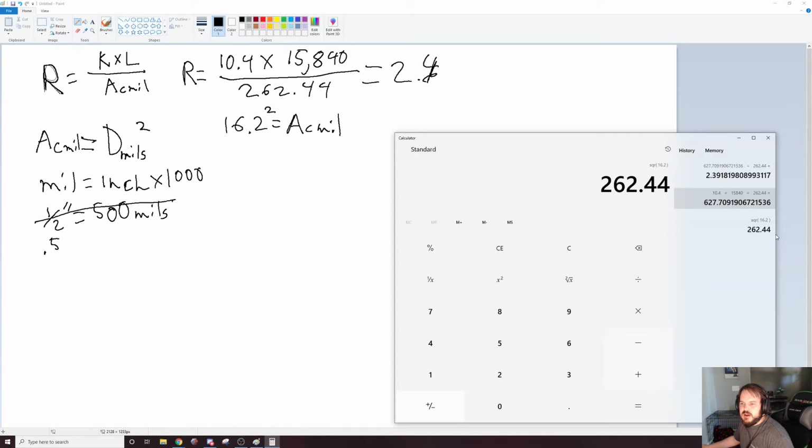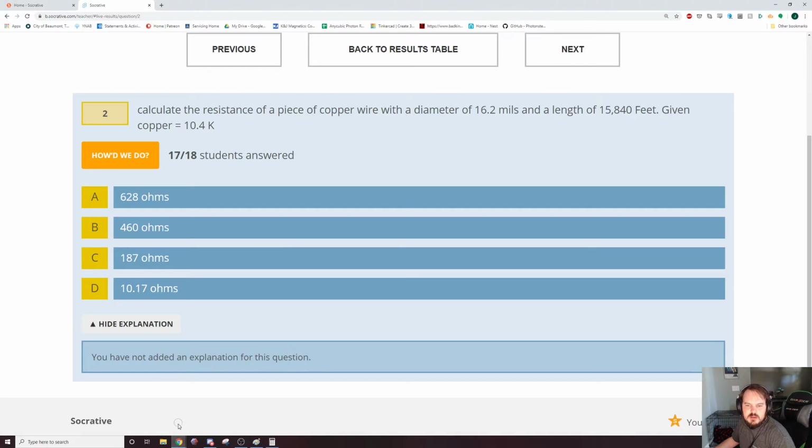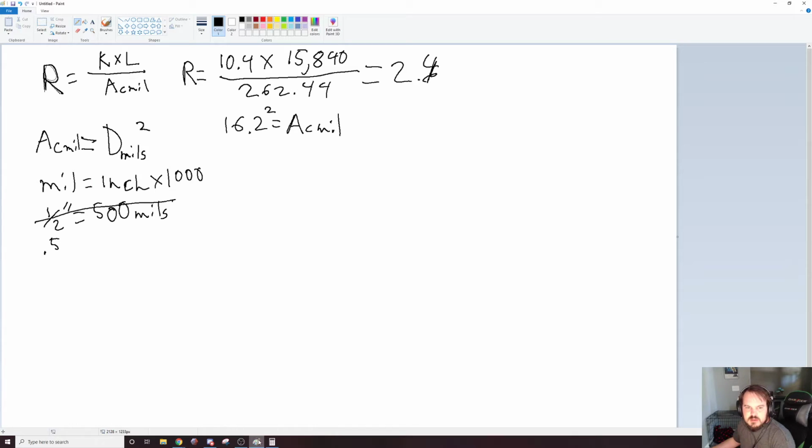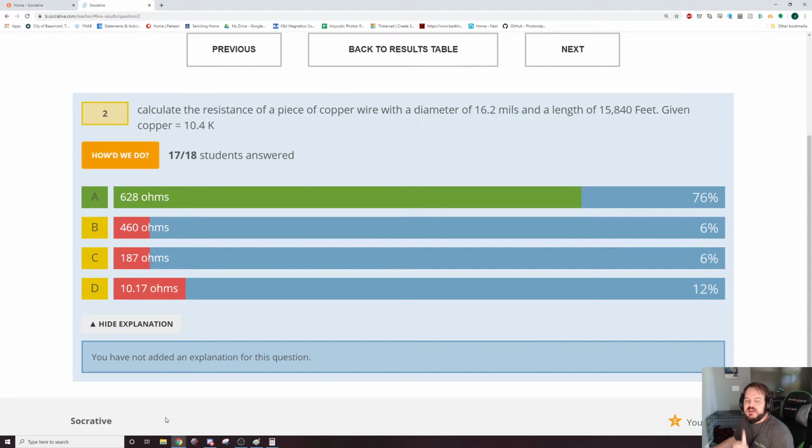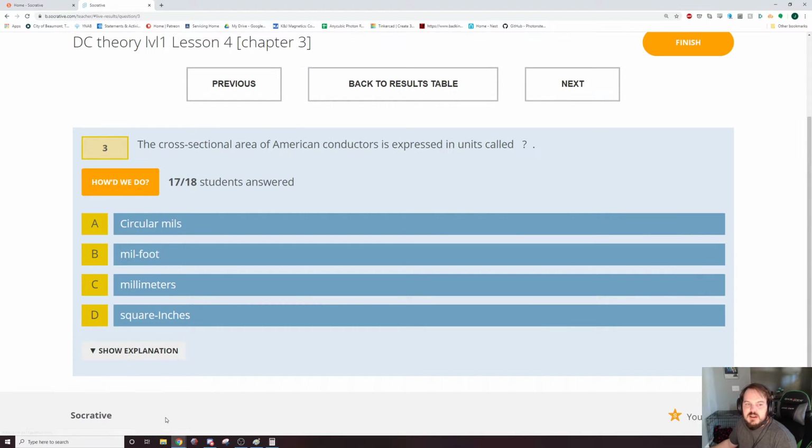So if you see right here is the answer. So 628 ohms. Yeah, okay. I played myself.